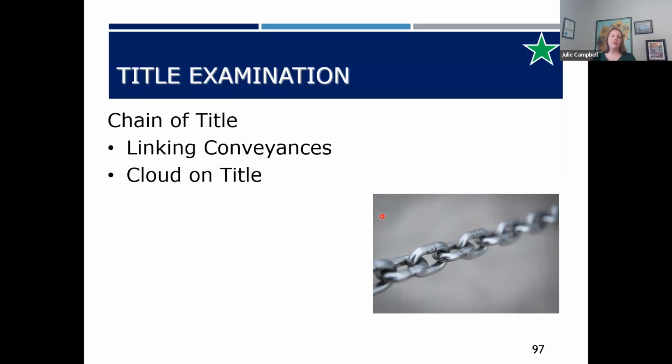Remember, the attorney represents the buyer. Since the buyer is the attorney's client, don't they owe it to their client to make sure they're getting clear, marketable title? No cloud, no encumbrances, all that's been taken care of.